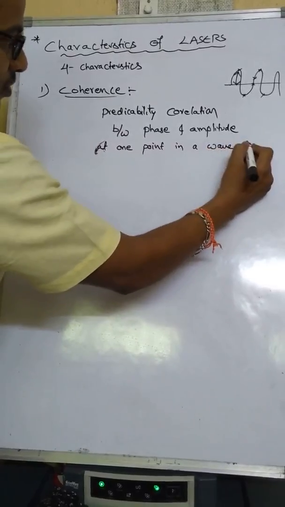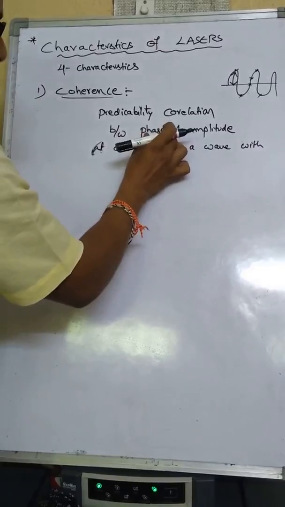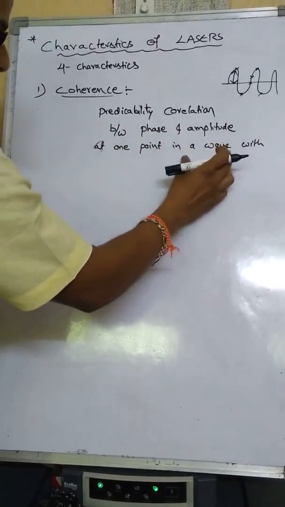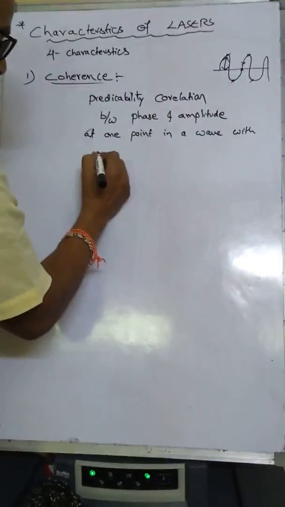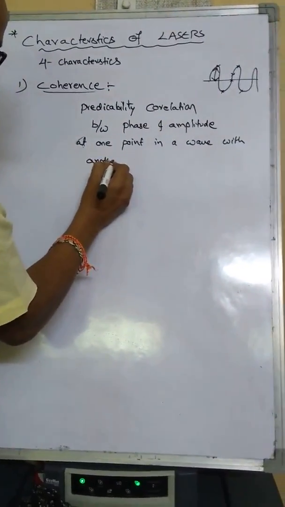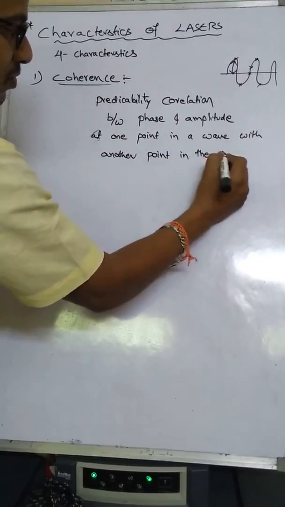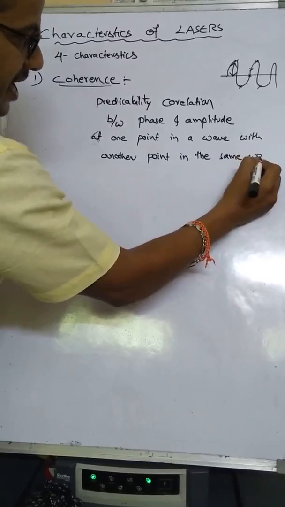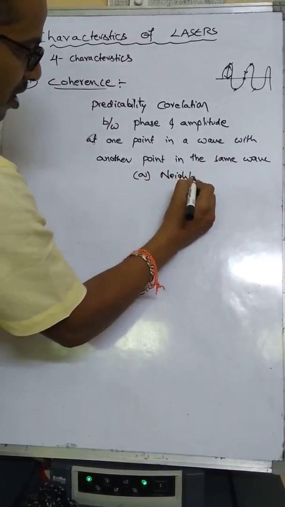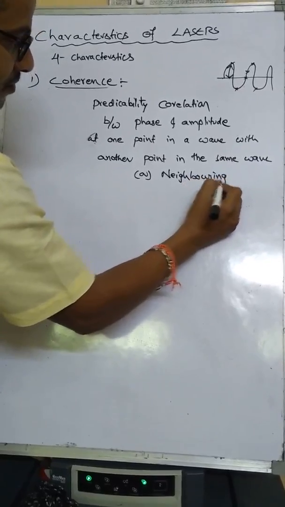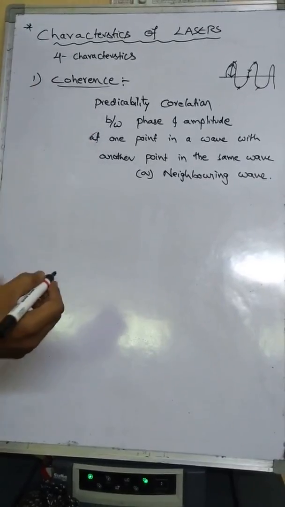I am calculating the phase and the amplitude at one point in a wave, and I am correlating that phase and amplitude with another point in the same wave, or it may be a neighboring wave, or another wave, or adjacent wave. Right. This is the basic definition, which is very important.